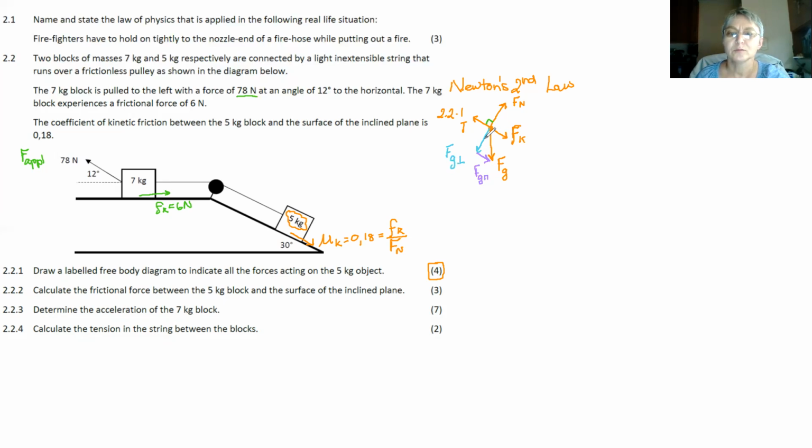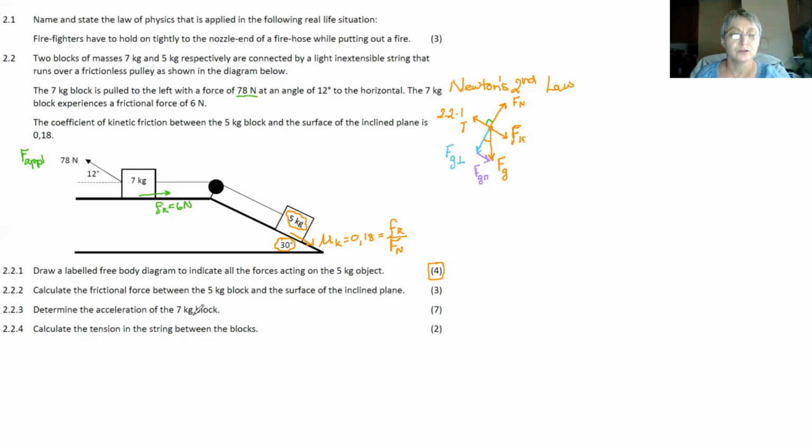And the angle between the weight and the component that is perpendicular to the plane would be the same as the angle of the incline, which is 30 degrees. In any case, that's not part of the answer. I just wanted to show you those forces.